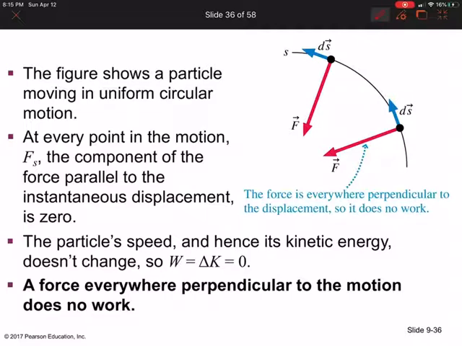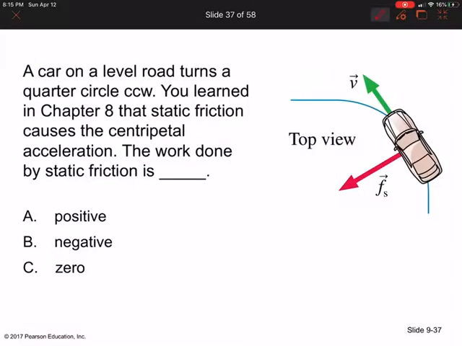This is the force with respect to the distance, the S. Okay, so the component parallel to the instantaneous displacement is 0. And you can see that, it's making this sort of perpendicular situation here. So again, because of that, there is no work, because that would be like the cosine of 90.